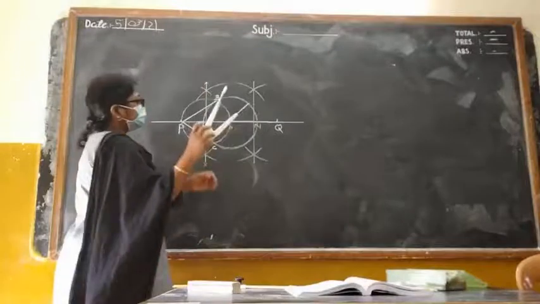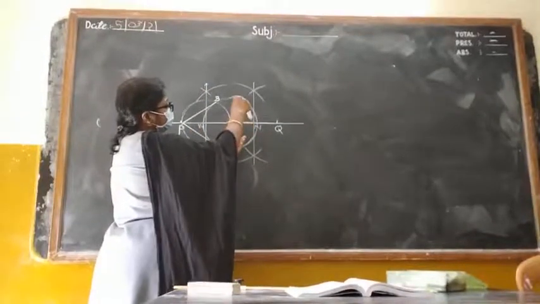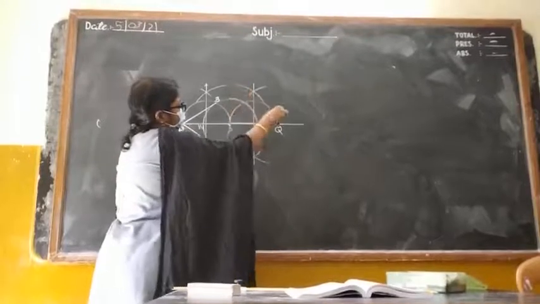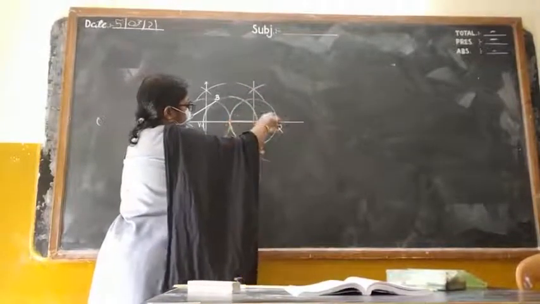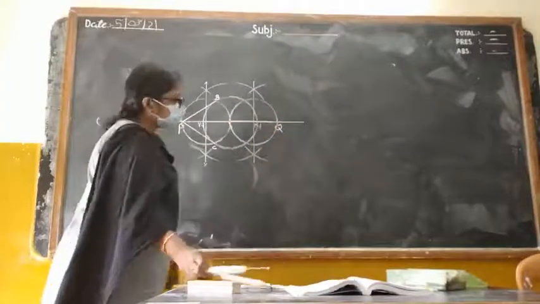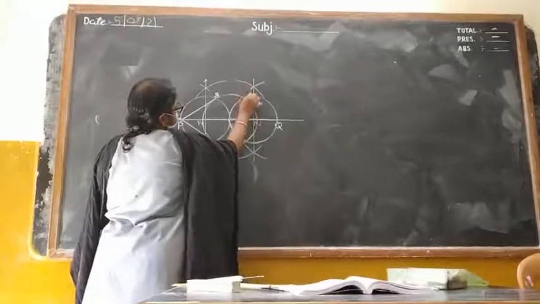Same way here. Draw another circle with radius ON. That circle will touch the first circle at 2 points.